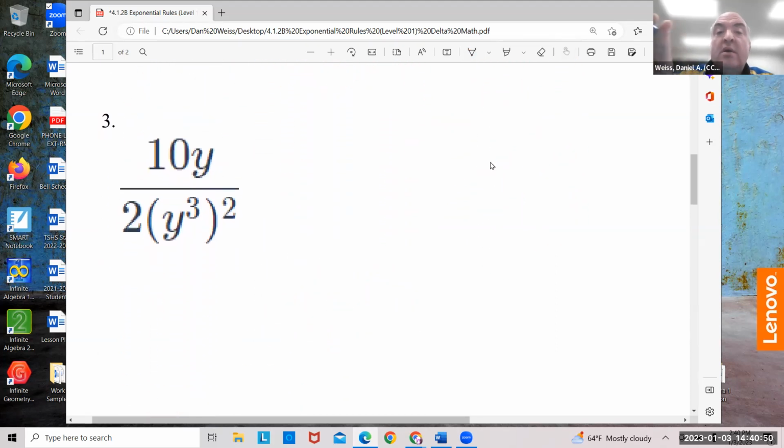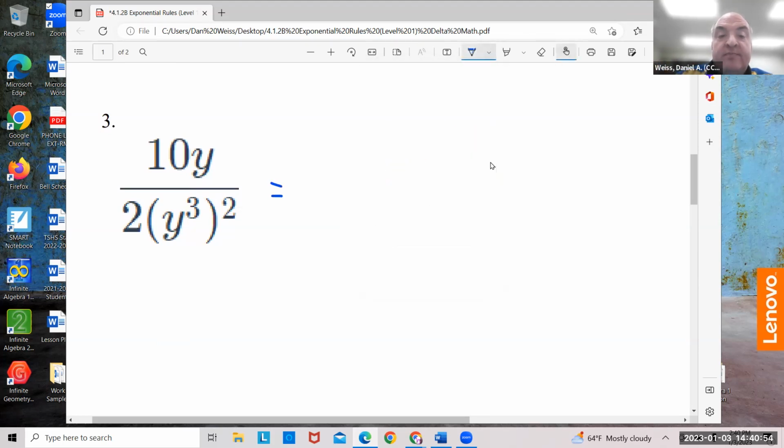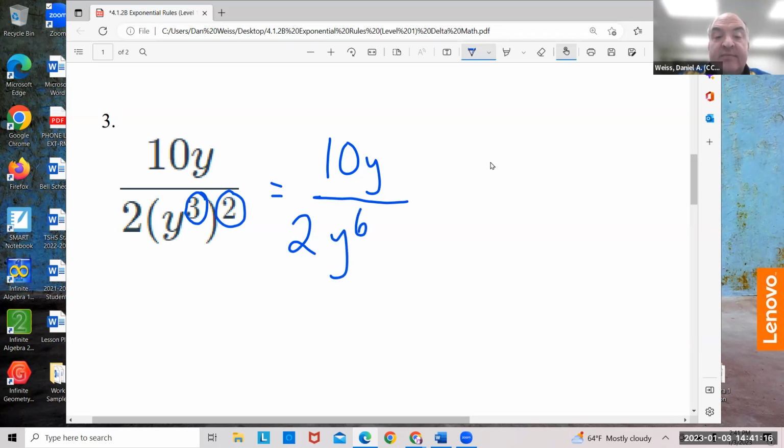All right, here I'm going to deal with those parentheses first. Now, this 2 is outside the parentheses, so I'm not going to touch that at the moment. It's just y to the third to the second. So I'm just going to take 3 times 2 is 6. So 2y to the 6th.